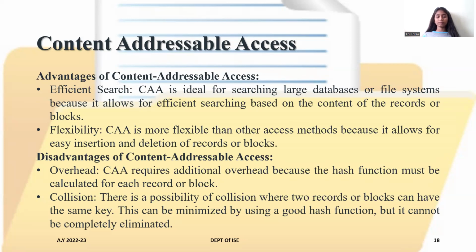Disadvantages are overhead. CAA requires additional overhead because the hash function must be calculated for each record or block. Collision: there is a possibility of a collision, where two records or blocks can have the same key. This can be minimized by using a good hash function, but it cannot be completely eliminated.